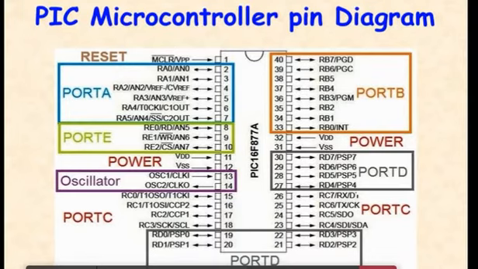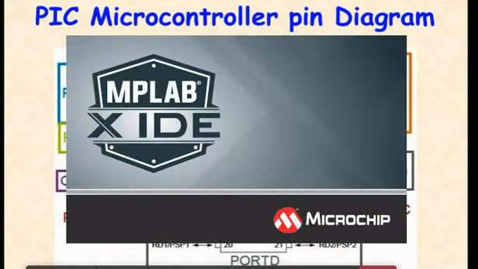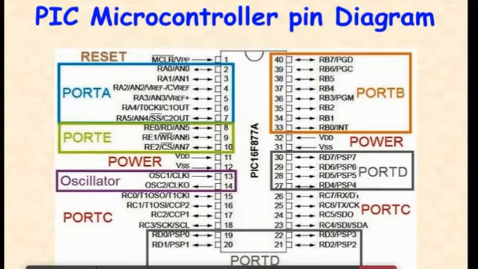But we have designed compilers or IDEs which operate on a high level language, the C language. Today we are going to learn the high level C language for PIC. With some changes, the same C language can be used for an ARM processor. It is very important to perform the practice.